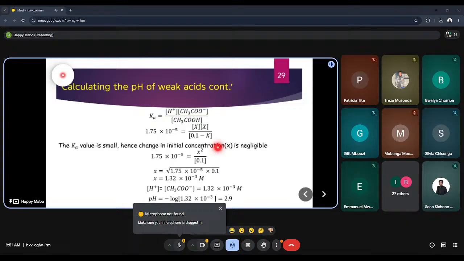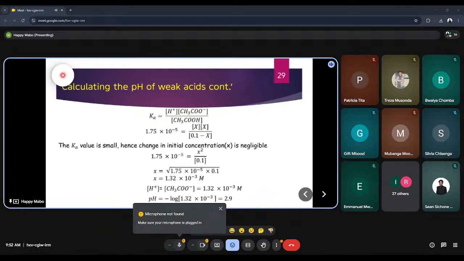But then, because the value of Ka is small, or that is what you are going to assume it to be, of course you would have to test your assumption at a later stage. You are going to assume that the change that would come as a result of the ionization of the acid would not be very significant.